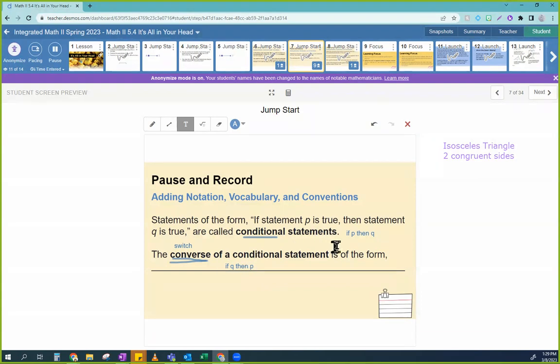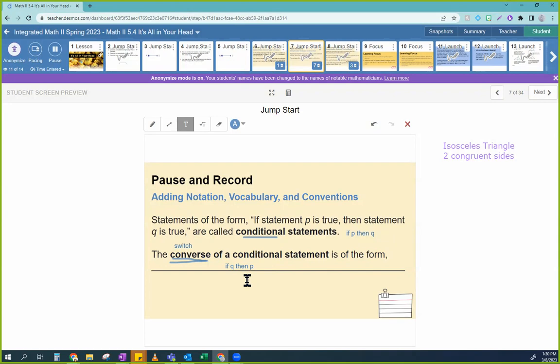For example, if it's raining, then Miss Johnson's going to, I don't know, wear rain boots. If it's raining, then Miss Johnson is going to wear her rain boots. Okay. Let's see if that's true the other way. If Miss Johnson is wearing her rain boots, then it must be raining. Does that have to be true? Can you think of a case where Miss Johnson would be wearing rain boots, but it is not raining?